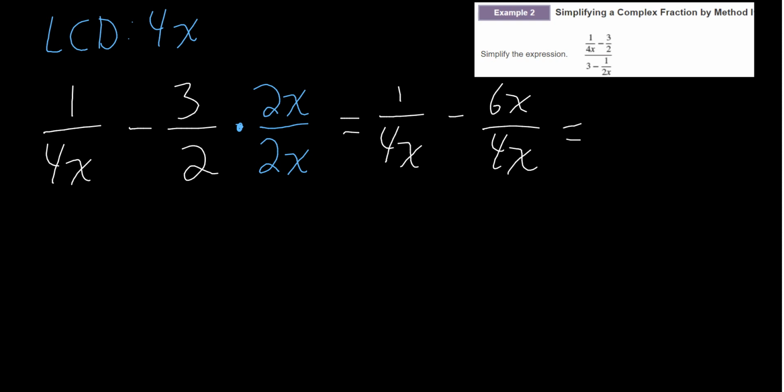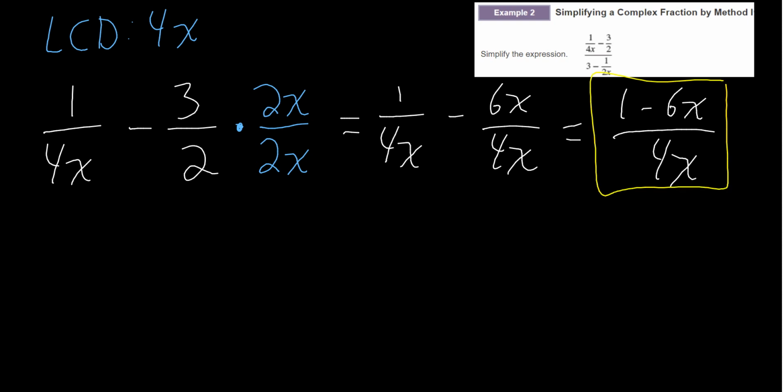And now that I have a common denominator, I can say 1 minus 6x all over 4x. Okay, so that is now my numerator.